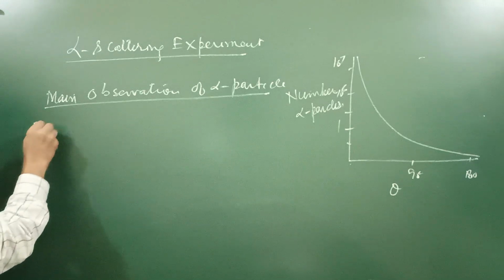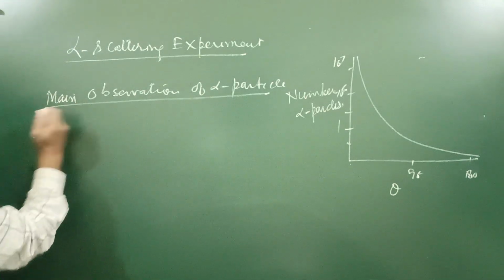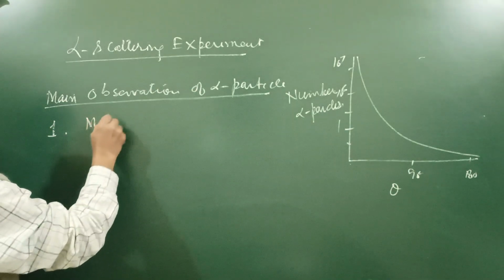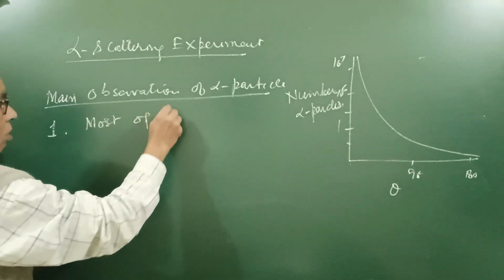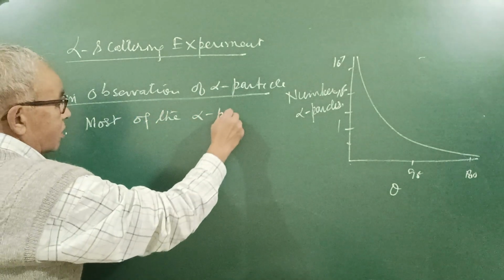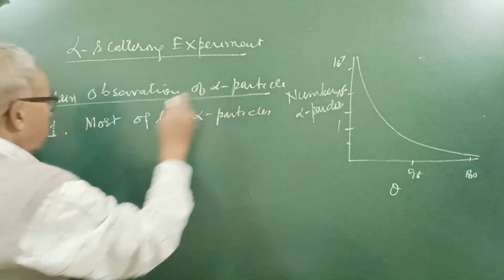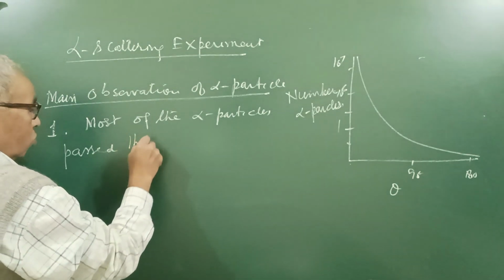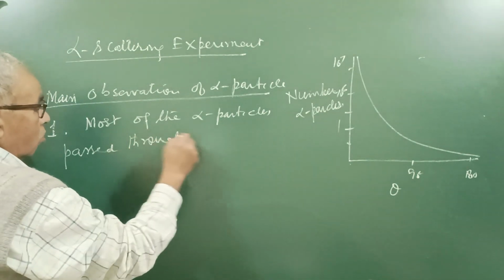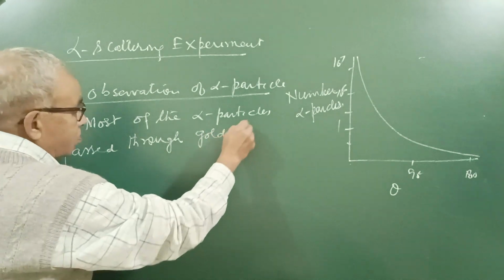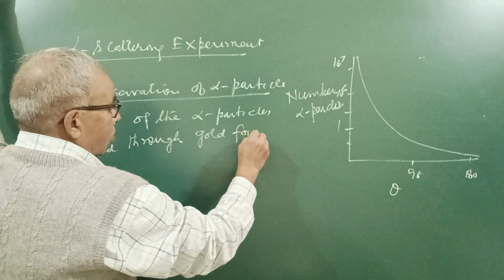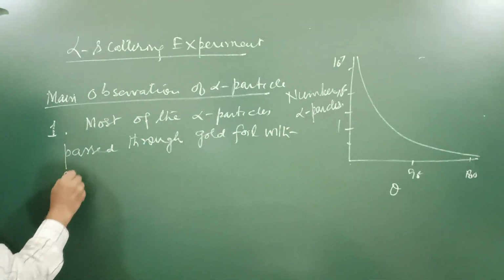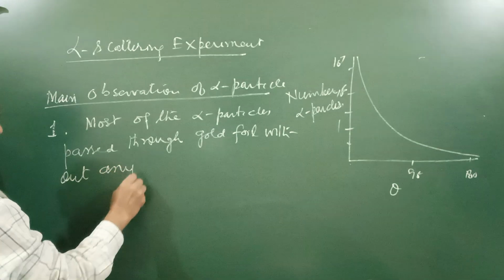First observation: most of the alpha particles passed through the gold foil without any deviation.